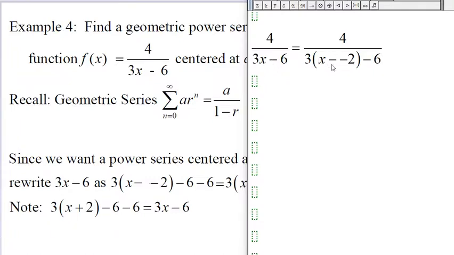When we inserted a negative 2 in here, what we did was we added 3 times negative 2 to this expression.